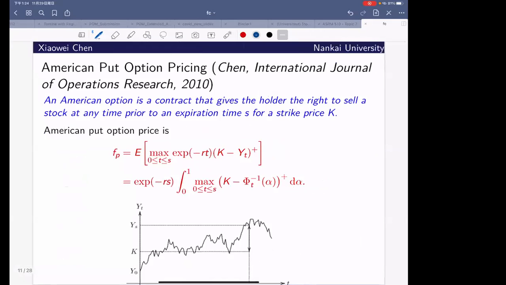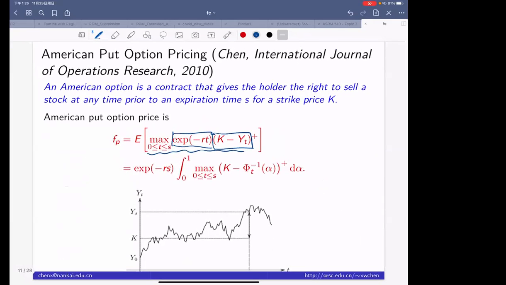And the same thing for the American put option pricing formula. For the American put option price formula, the payoff is K minus Y_T. This is the trade payoff, and we take a discount because we can exercise at any time between time 0 and time S, so we need to take a maximum.